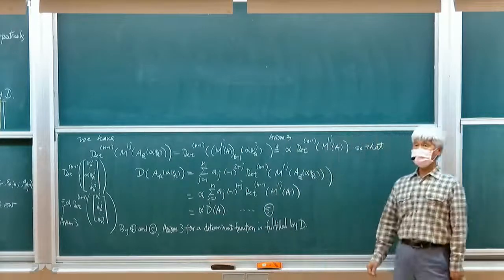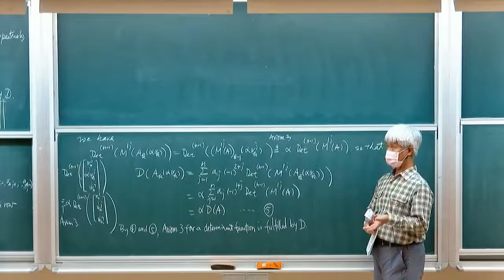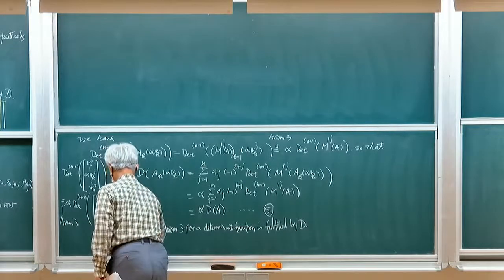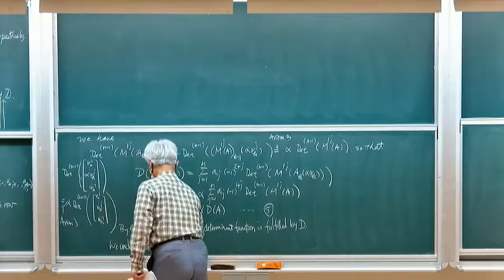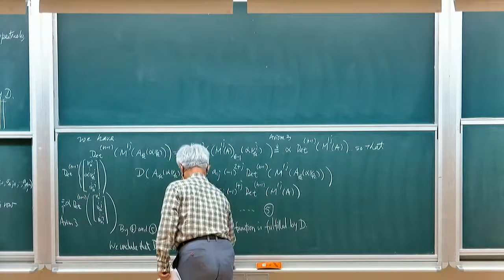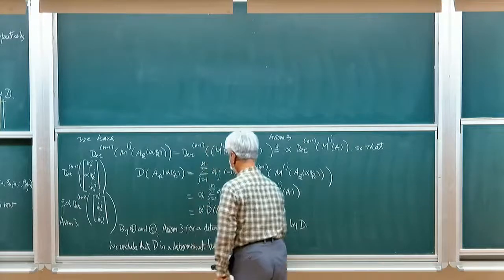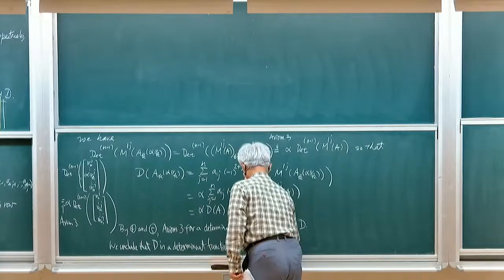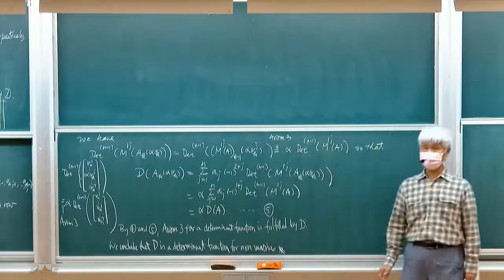So D has axiom number 1, axiom number 2, and axiom number 3. Right? So we conclude that D is a determinant function for n times n matrices. And we are done. Okay, so we finished the proof for this lemma.